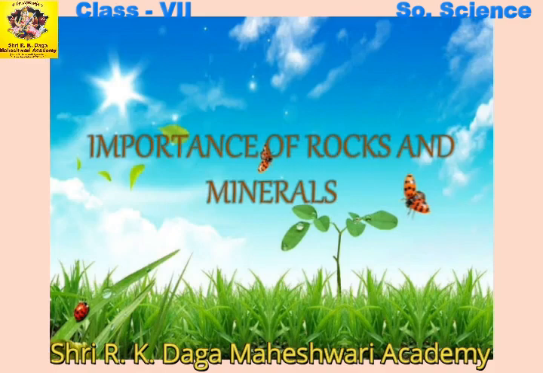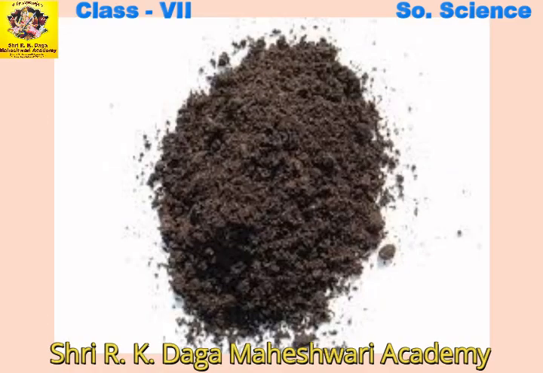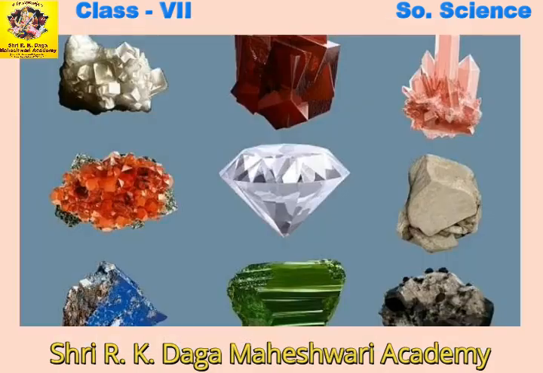Rocks are important to us and also to all other living things in many ways. Soil is a very important natural resource. It is formed when rocks break down into very small pieces through physical and chemical processes. These rock pieces finally turn into very fine particles to form soil. They contain a variety of minerals such as copper, bauxite, iron and many others.